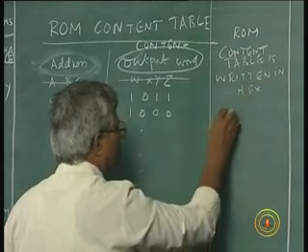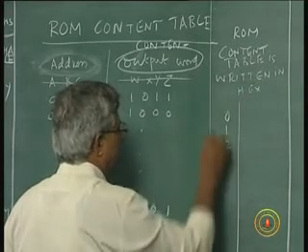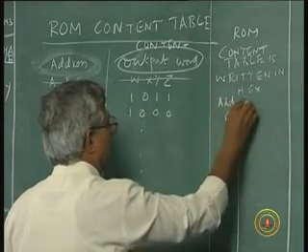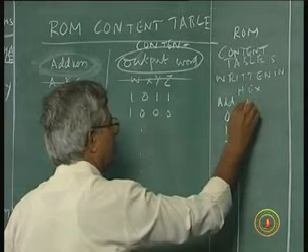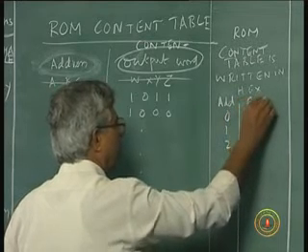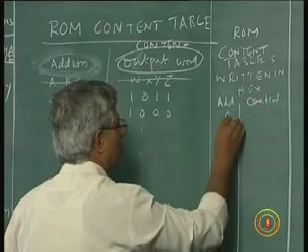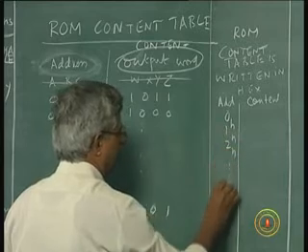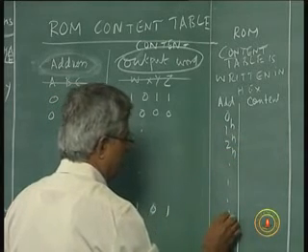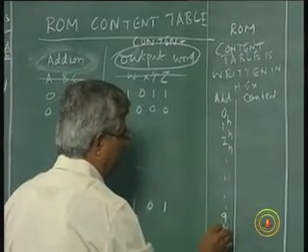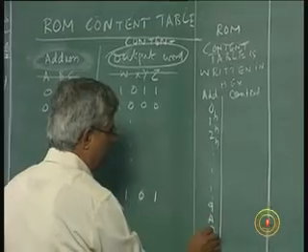So I will say 0, 1, 2, address, content. Corresponding to the address, what is the content? Hexadecimal, hexadecimal, hexadecimal. 7, 8, 9, 10. After 9, what? A, B, C, D, E.